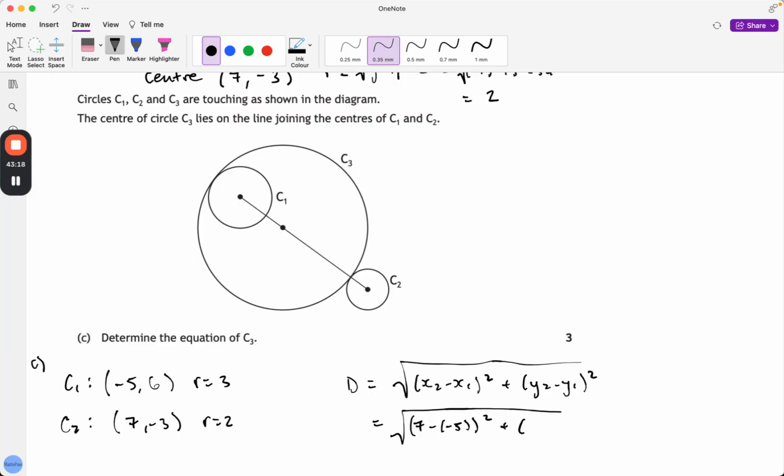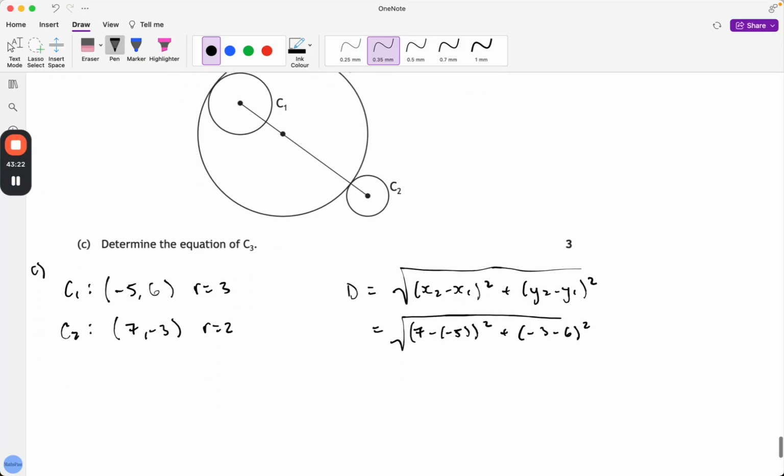And then in our y's, it's going to be minus 3 minus 6 all squared. And so that gives us the square root of, so 7 plus 5 is going to give us 12, so we're going to have 12 squared. And then minus 3 minus 6 is minus 9, so we're going to also have minus 9 squared.